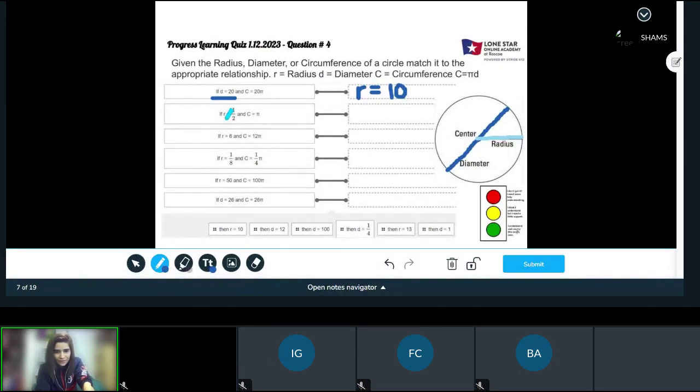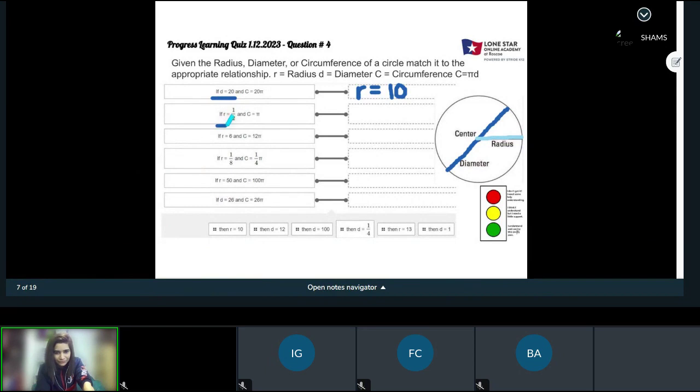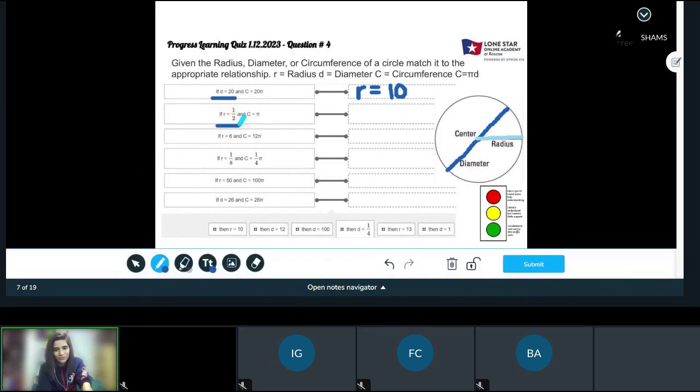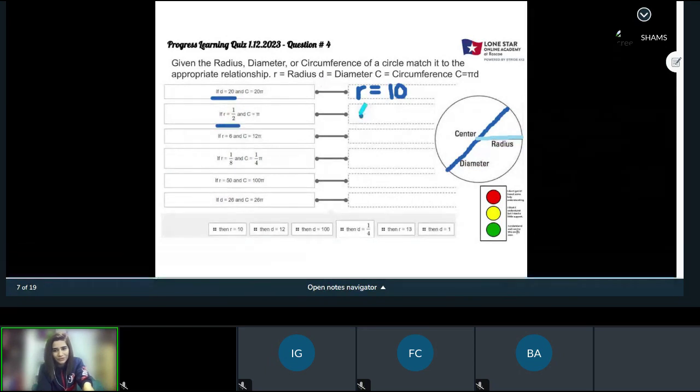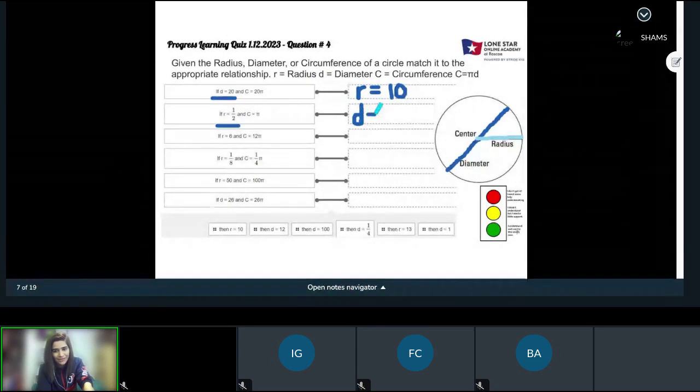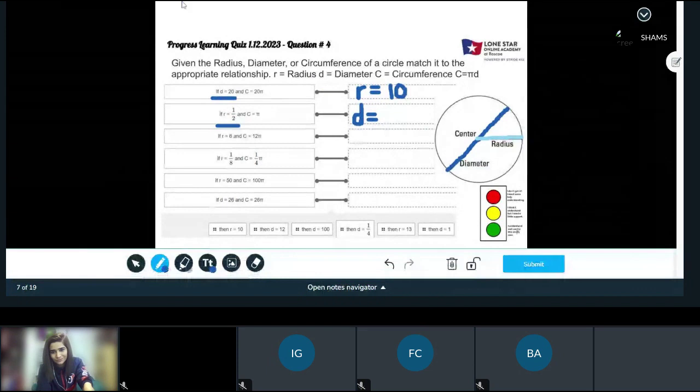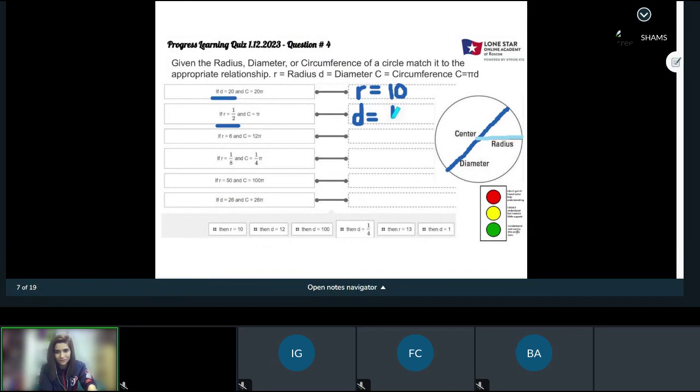So here, radius is a half. So diameter is twice of radius, right? Diameter is half plus half. How much is half plus half? Diameter is 1, right? 1 whole, yes, exactly, good.